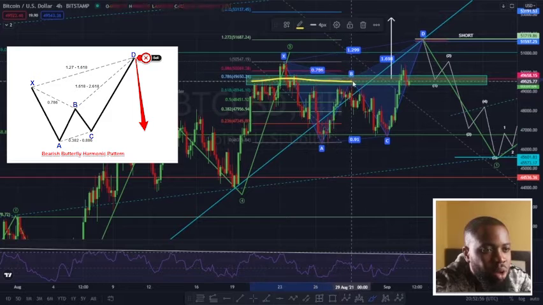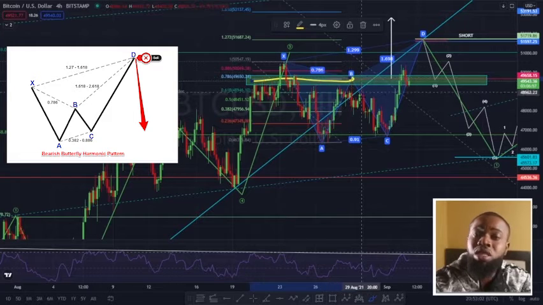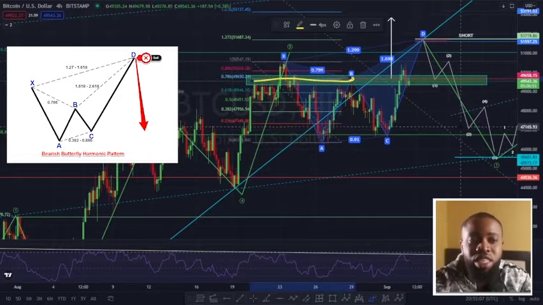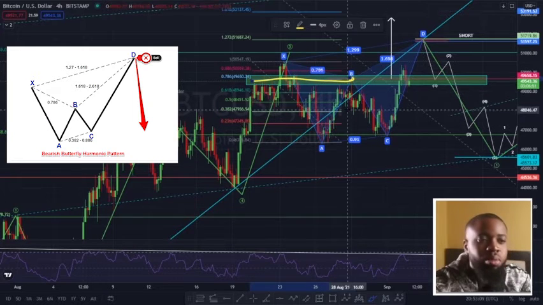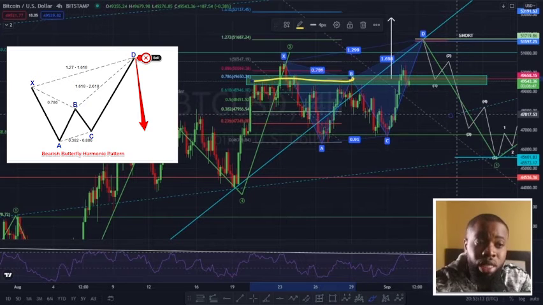And you can see that we got a weak rejection from the 0.786. So now this tells me something that, okay, maybe the market is trying to form something, some kind of shape, maybe a descending triangle. I had no idea. Maybe a complex correction. I had no idea, but I was just waiting to see what the market was trying to tell me. All right.